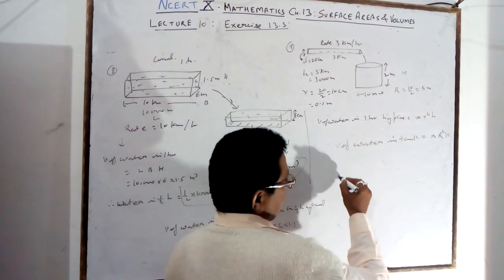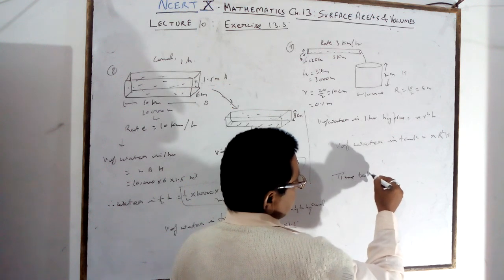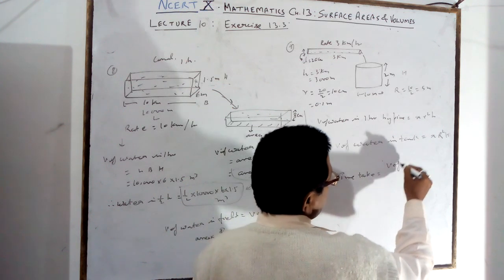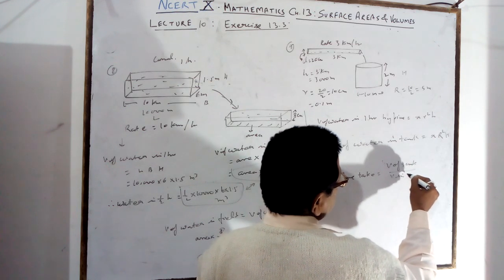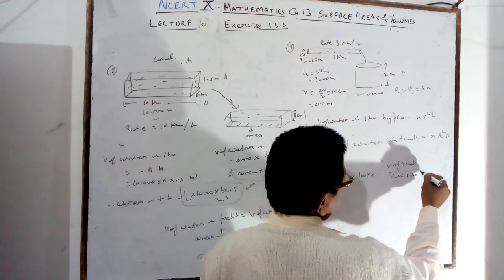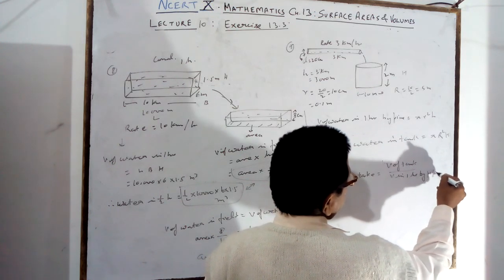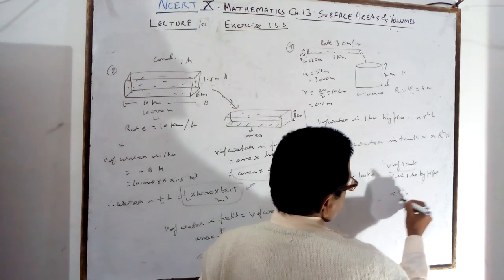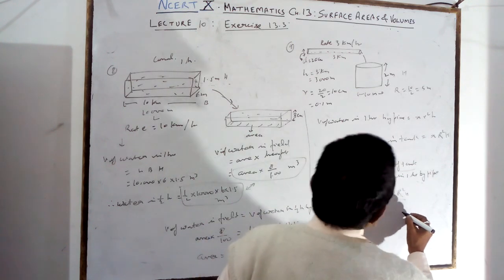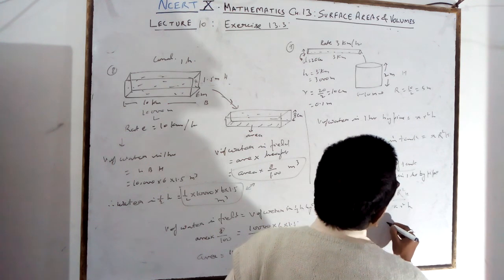So time taken is volume of tank upon volume in 1 hour by pipe. This is pi capital R square capital H upon pi small r square small h.